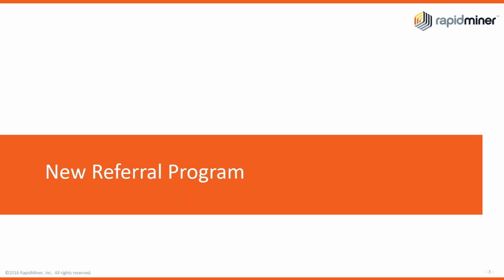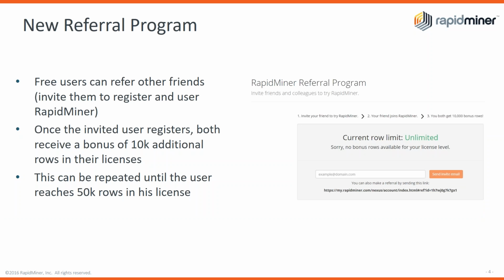So starting with the referral program, this is something we have added because we want our community to also benefit from all this growth that we are seeing in RapidMiner use.